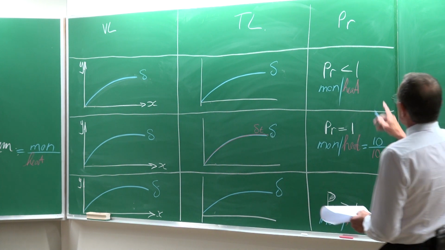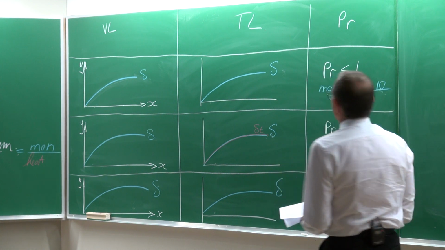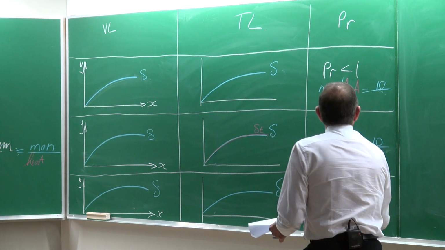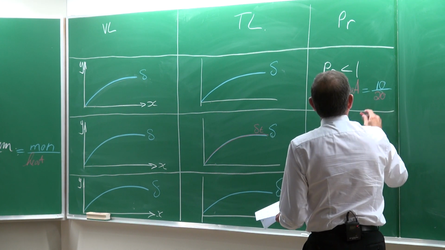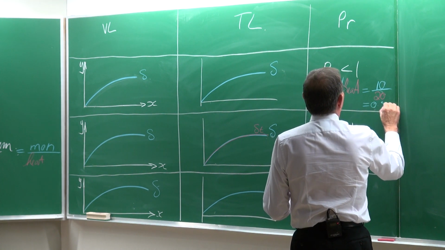If the Prandtl number is smaller than 1, and we have chosen the momentum diffusion as 10, then typically that would be 20, which gives us a Prandtl number of 0.5.